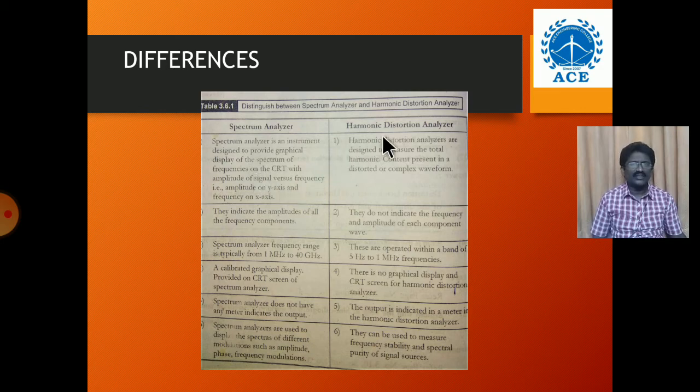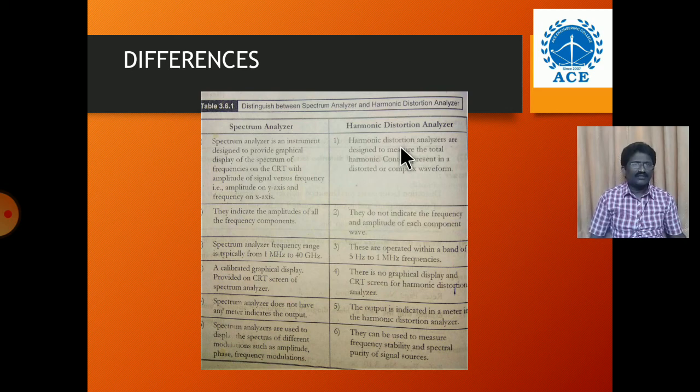Every wave has some combination of harmonic distortions, harmonic components. To find the total distortion in the wave, you have to consider all harmonic components.